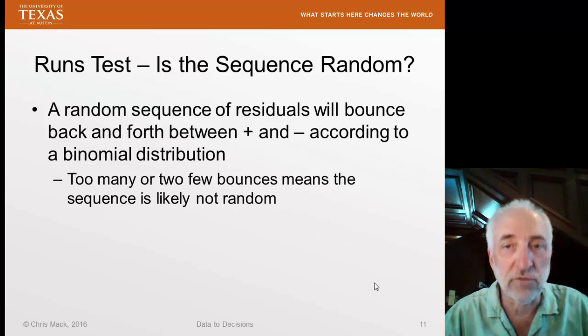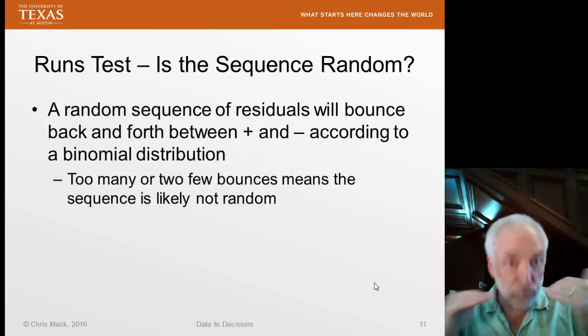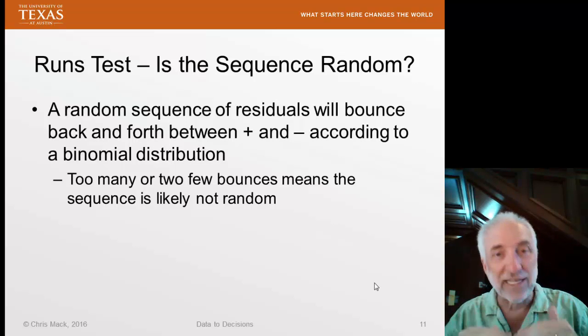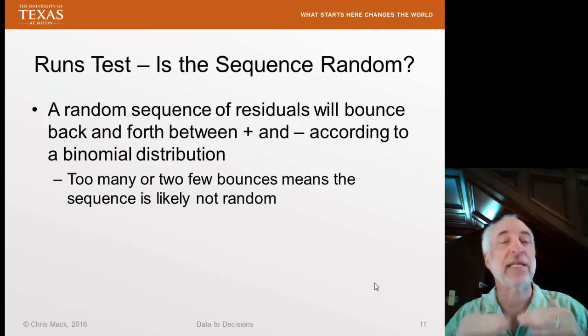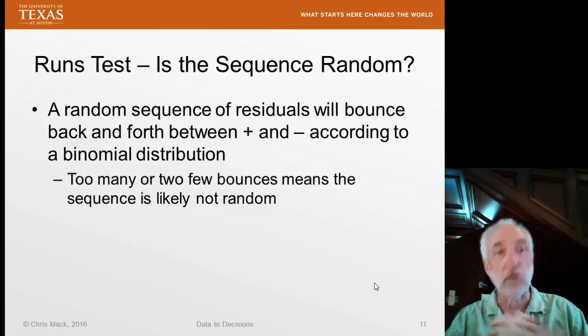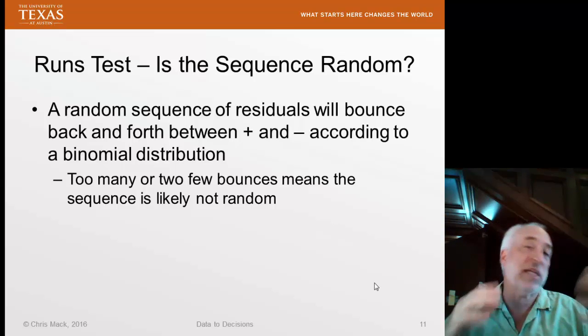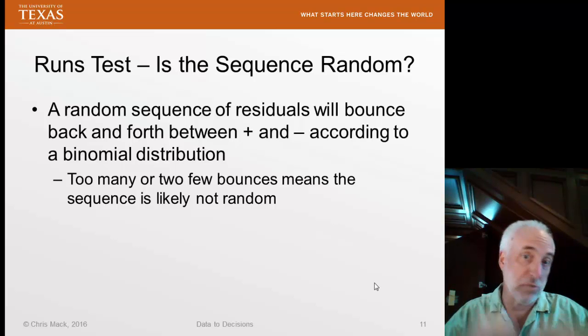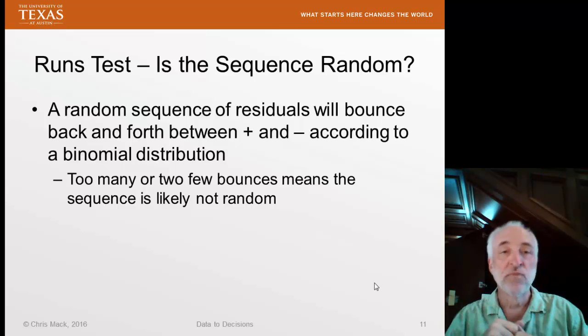If I have a random sequence of residuals, the mean value of the residuals is by definition 0 because we set it to 0 in our fitting process. So the mean value of the residuals will be 0, which means you expect about half of the residuals to be plus sign and half to be minus, about.